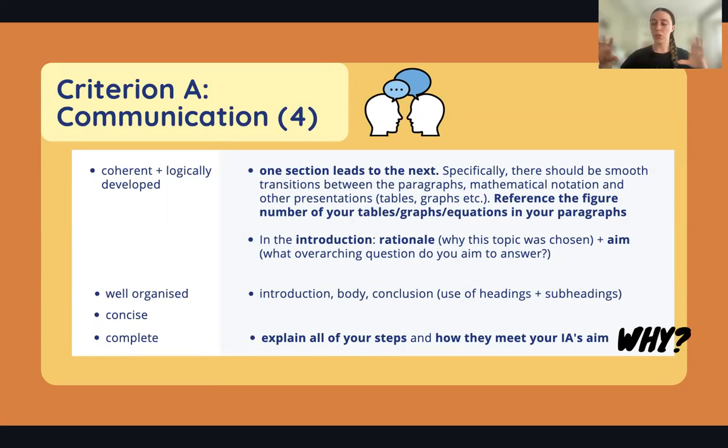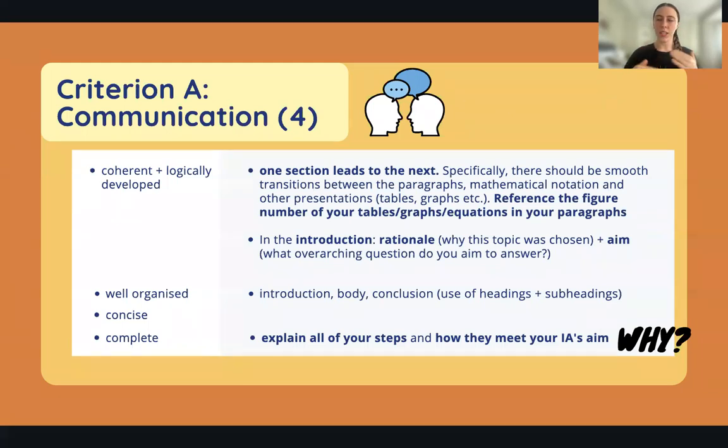So it should be this almost linear narrative of all of your reflections, all of your strategies, all of the work that you did along this journey of the investigation. So because of that, it should naturally flow, in the sense that if you've changed strategy, or if you're suddenly including some new working, or some new context, then that should all link logically in terms of how it came to you when you were doing the maths investigation.